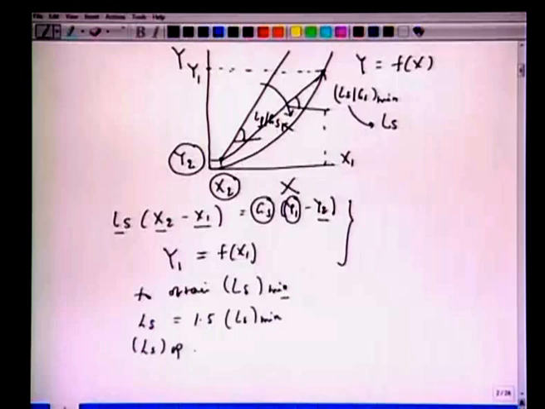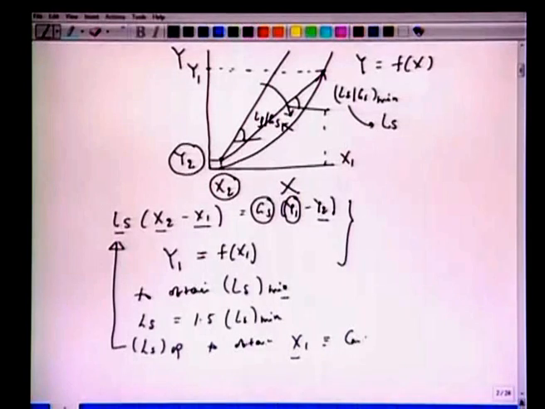Once we know Ls operating, we can put it back in the previous equation to obtain x1, the concentration of the spent liquid, or the liquid effluent.